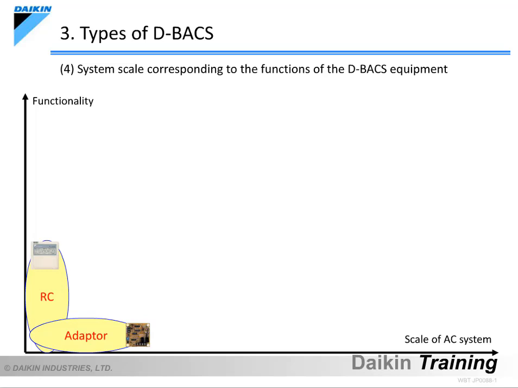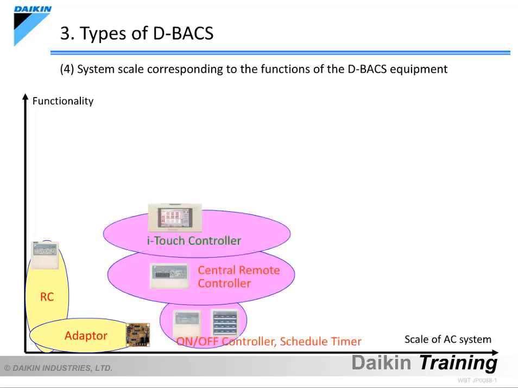This said, the number of adapter PCBs that need to be installed goes up as the scale of the air conditioning system gets larger, and this may result in a situation where the total cost of the adapter PCBs exceeds the cost of an upper-level controller, diminishing the benefits of using an adapter PCB. Therefore, be sure to select it for small to medium-scale air conditioning systems. The on-off controller, schedule timer, central remote controller and iTouch controller are used for medium to large-scale air conditioning systems.